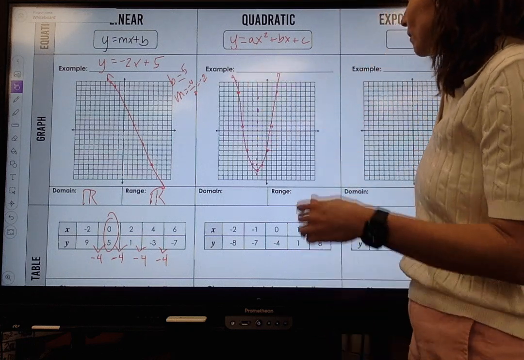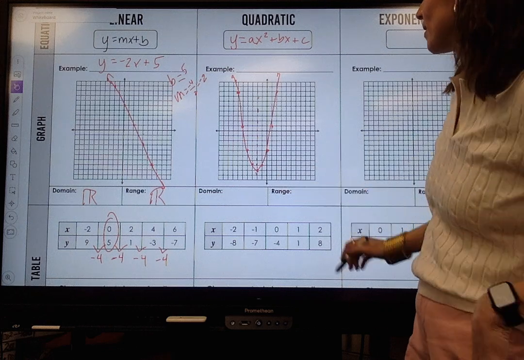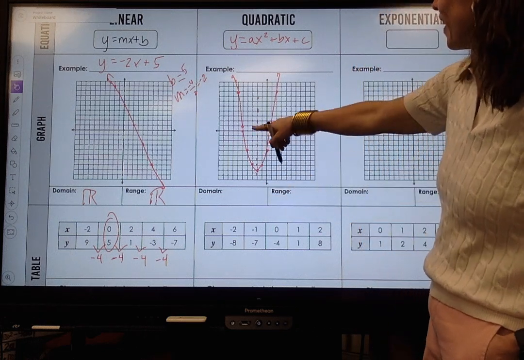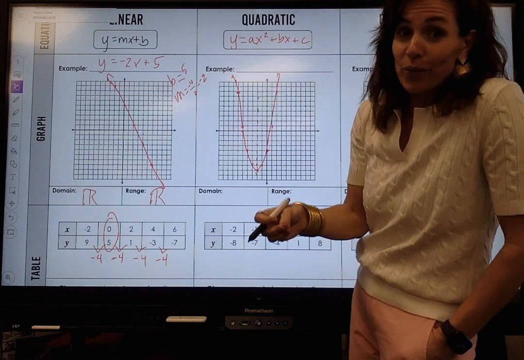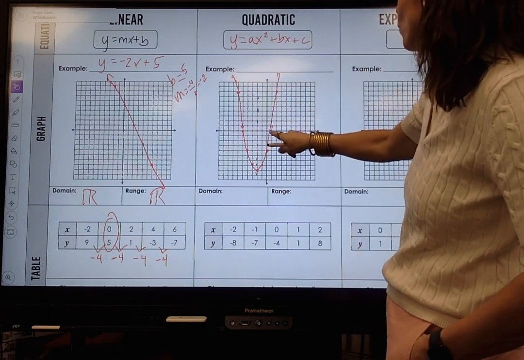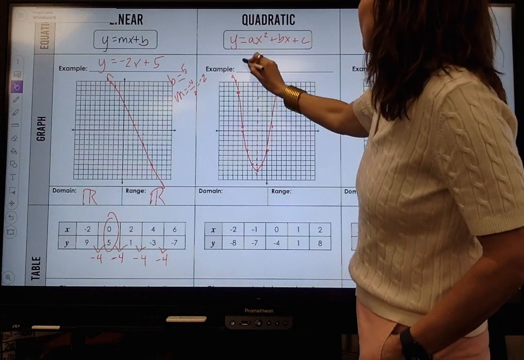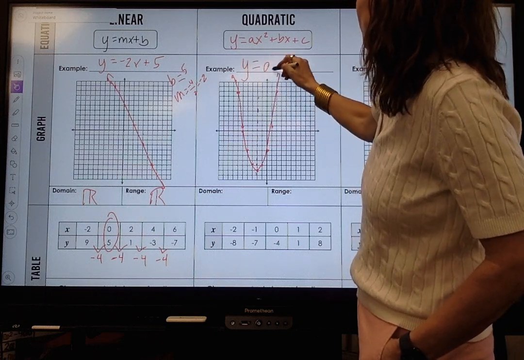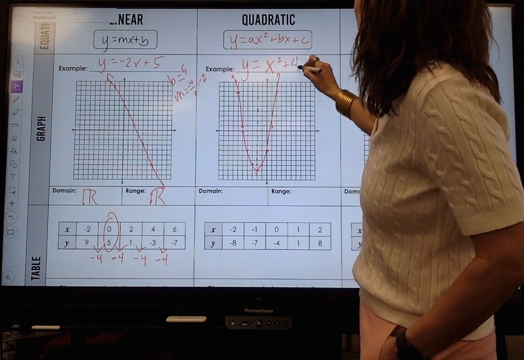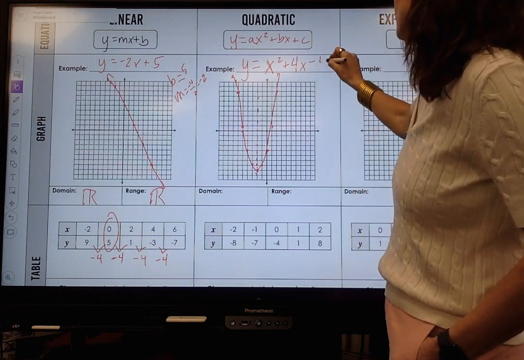Okay, now it crosses the x-axis at -5. I don't know if you guys remember how to do this. We're going to get more familiar with it. But when you factor this form, it is going to be x squared plus 4x minus 4.